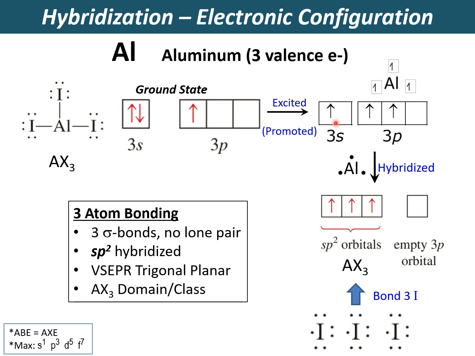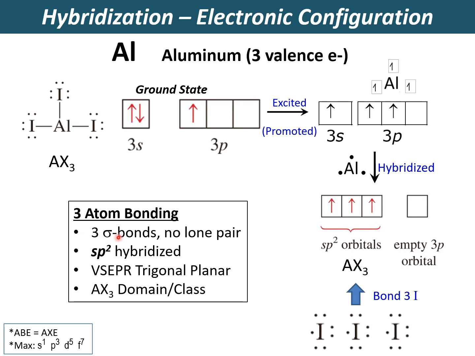So in this case now, we'll have an sp2 hybridized look. And sp2 will look like this in a classical Lewis dot structure. We take that hybridized look, sp2, and if we'd like, we could bond with 3 other atoms. I just pick iodine here, for example, and we get an sp2 hybridized AX3 domain.